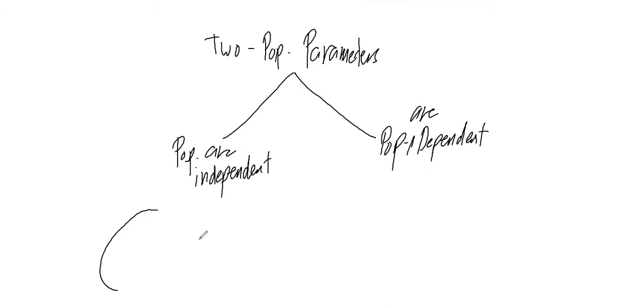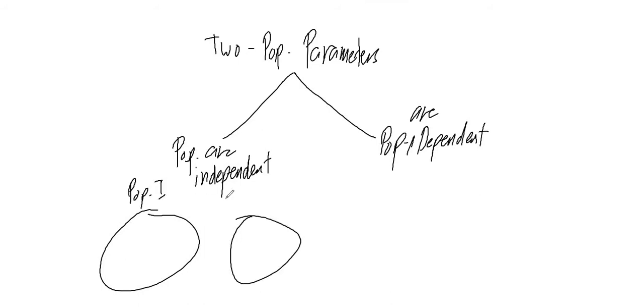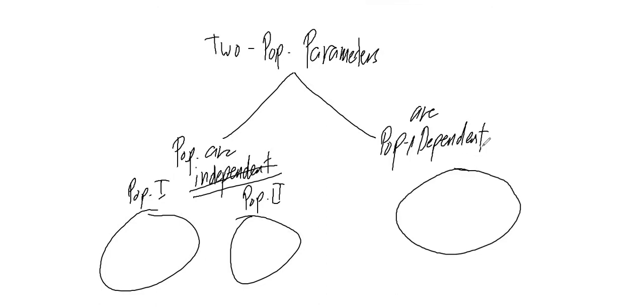For example, we really have two separate populations, population 1, population 2, and in no way are they actually related. They are independent of each other. However, if we're talking about, say for example, this is the population, there's only one population, and we're only actually going to compare two sets of data from the same people.